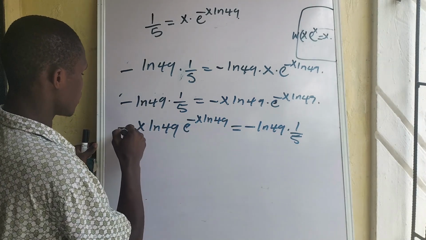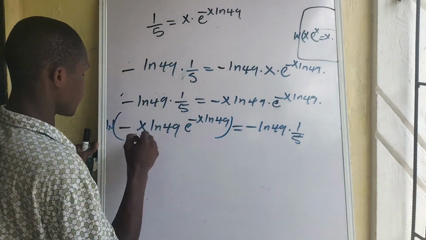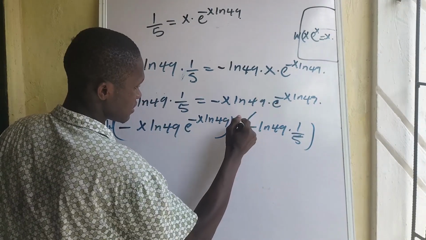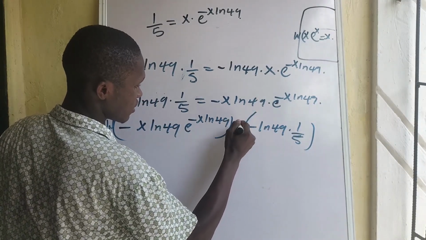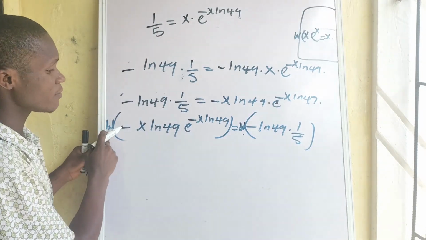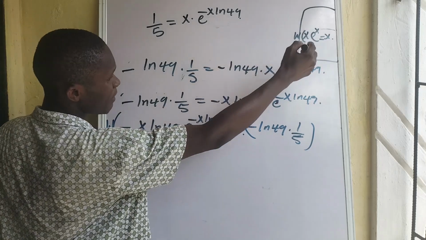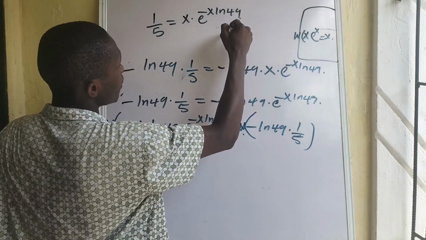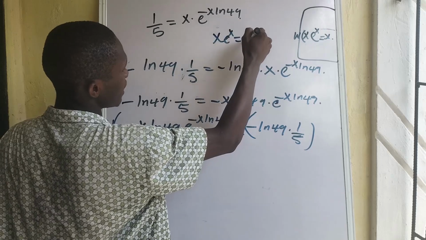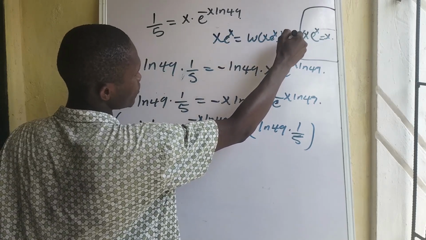So we multiply both sides by the Lambert W function. This W represents the Lambert W function. Remember we said that if we have x exponential x, taking the Lambert W function gives us x.